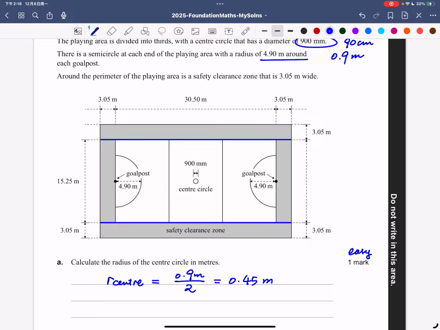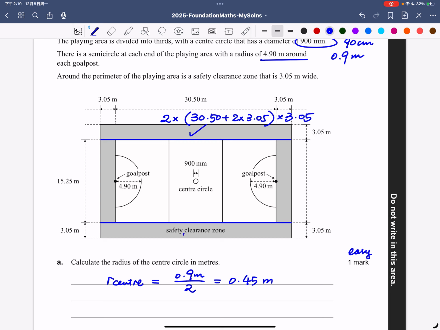So for example, you will get 2 lots of 30.50 plus 2 lots of 3.05. That's the total length multiplied by the width 3.05.